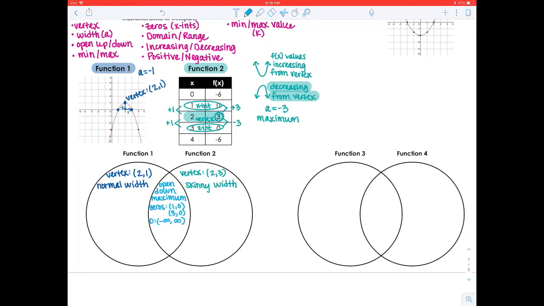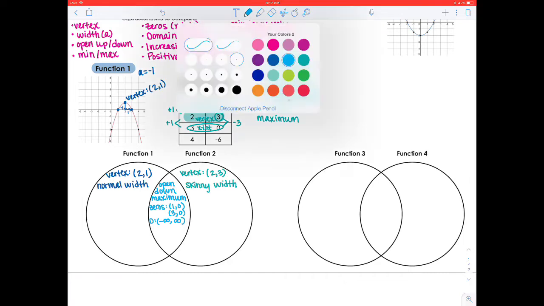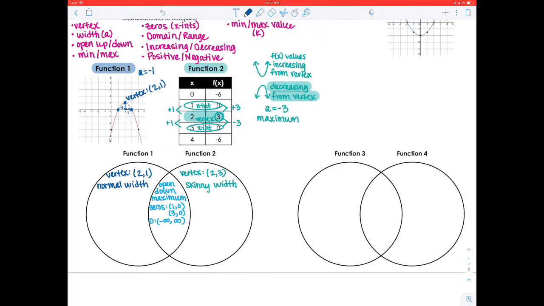Our range, though, is going to be different because our vertexes are different. So remember, your vertex gives you that very maximum point. So your range, since we're opening down, let's look at function 1 first. Remember, these continue on forever. My very, very lowest y value, if I read this graph from bottom to top, would be negative infinity.